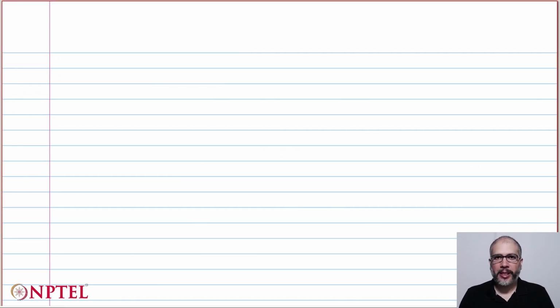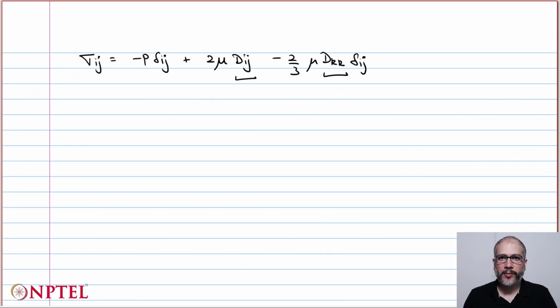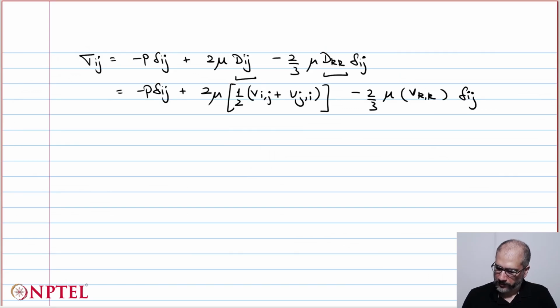So now our job is to derive the Navier-Stokes equations. So first we'll simplify the expression for sigma. Sigma ij was written as minus P delta ij plus, and then we had the tau ij expression in terms of D ij. So what we'll do is we'll substitute for this in terms of the velocity gradient tensor because D is simply the symmetric part of L. So we'll expand this now.